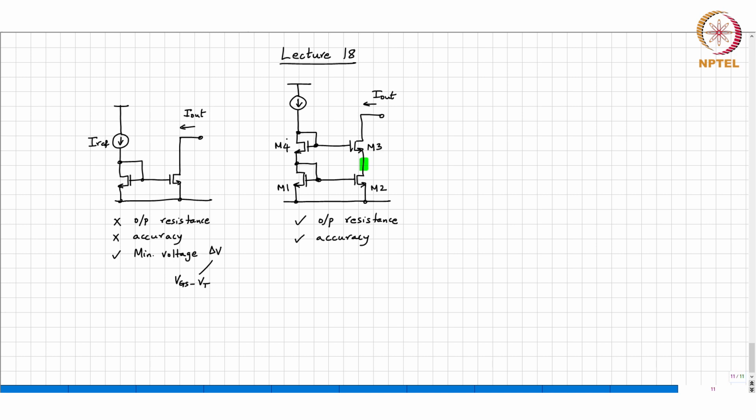No, hold on. The gate of M3, right? At this point, in this picture, what is the potential of the gate of M3? 2 VT plus 2 delta V, right? Is that necessary to keep M2 in the saturation region? Yes.